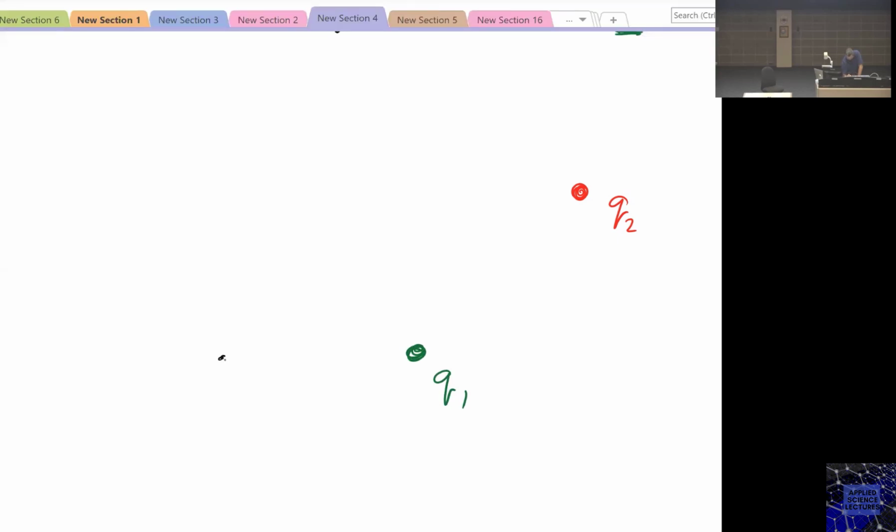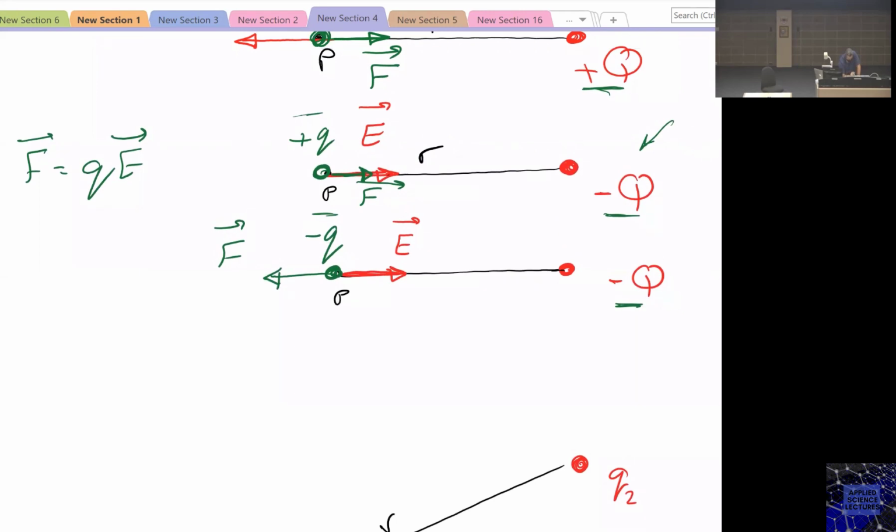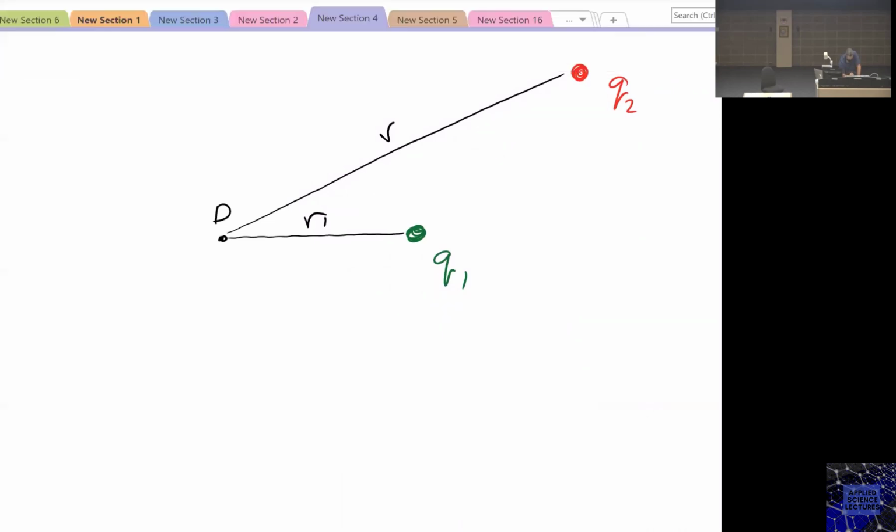I have D, the point that I want to calculate the electric field at. This is R1. This is R2. This is theta.